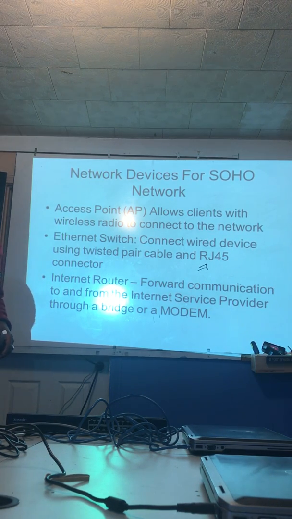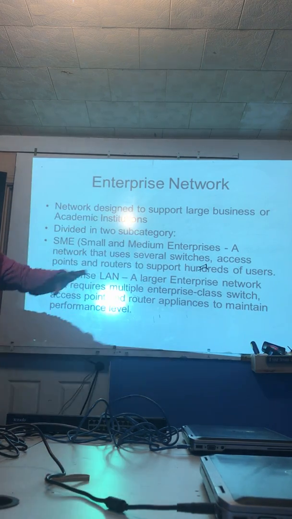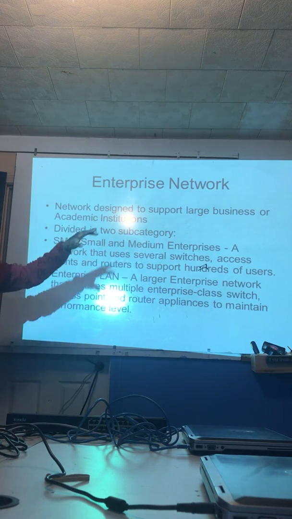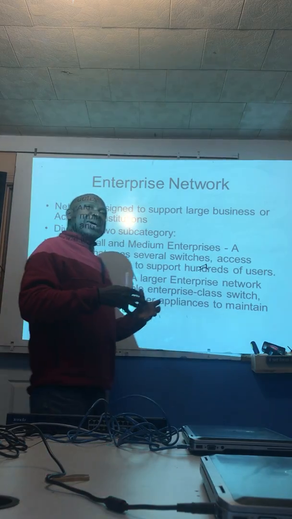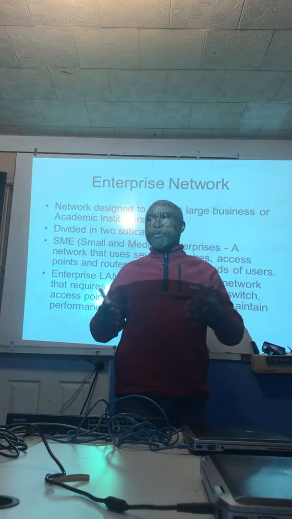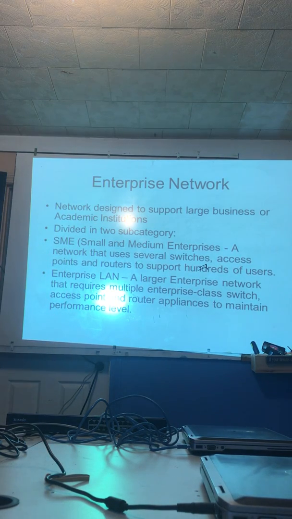So next. So earlier I said we have commercial grade networks, we have enterprise networks. Enterprise networks do not use the same equipment that we use in a home office network. They use switches that are commercial grade switches. Most of the time it is Cisco switches.